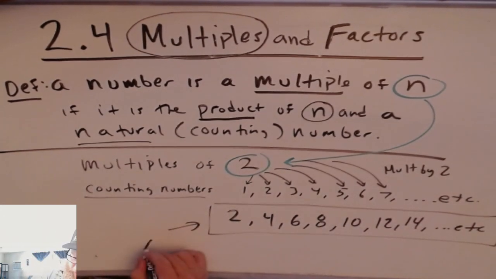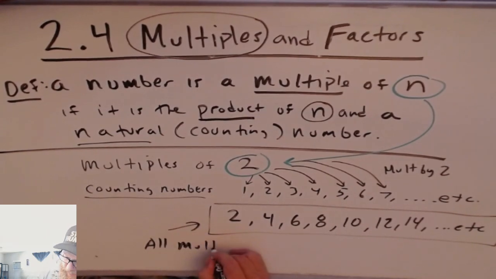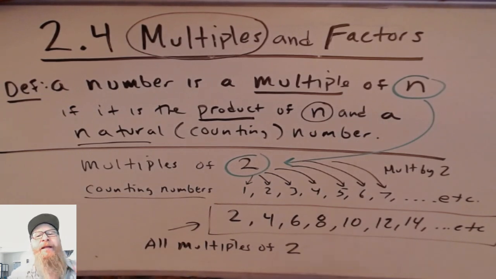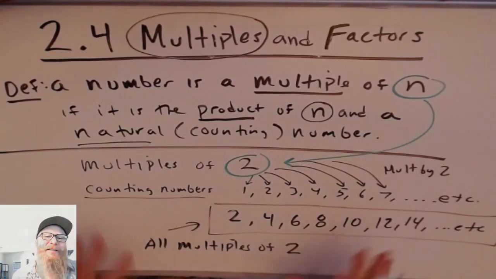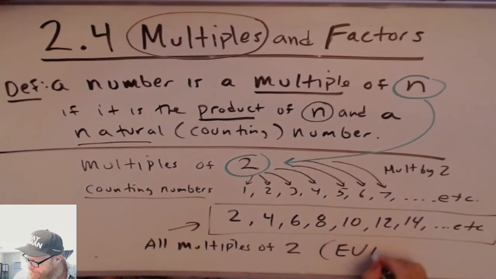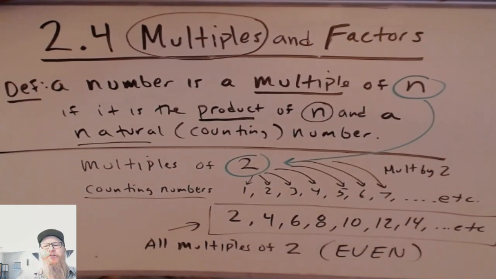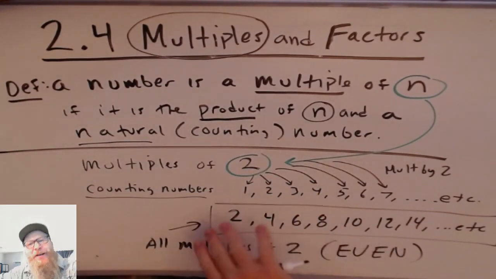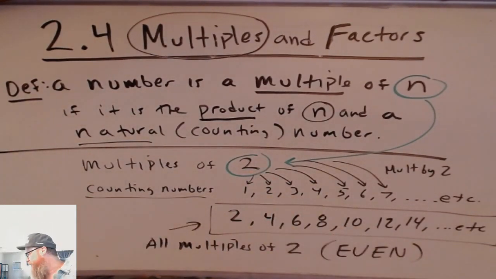So these numbers are all multiples of 2. These are going to be the easiest ones, the ones that you never, ever have to think about. Multiples of 2 have a special name. We just call them even. So every time you see an even number, you automatically know it's a multiple of 2.